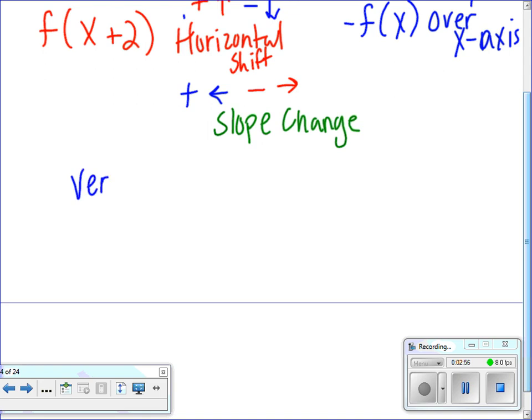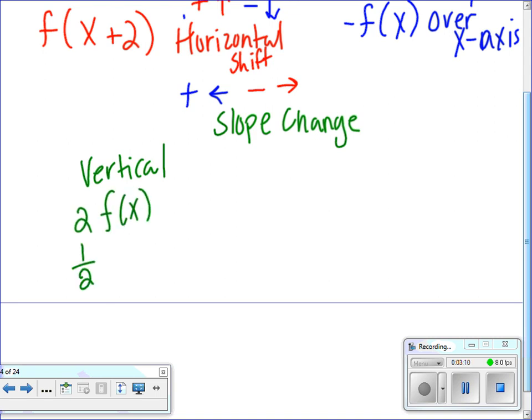So our vertical changes are numbers on the outside. So that was 2 times f of x, or a fraction, such as 1/2 times f of x. If it was a large number, remember that it is stretching it, so we said that's a vertical stretch. And when it was a fraction on the outside, that was a vertical compression.